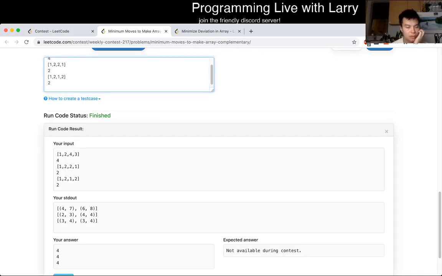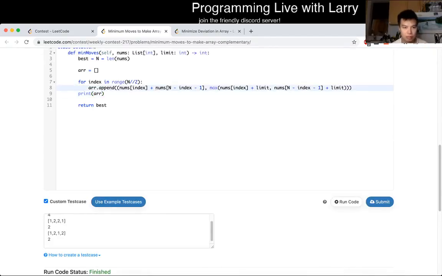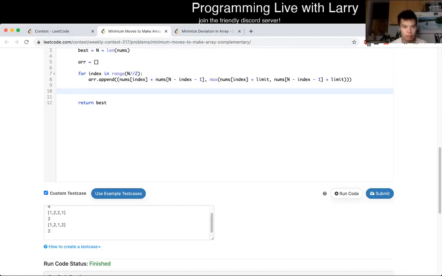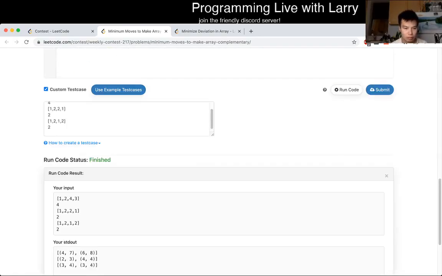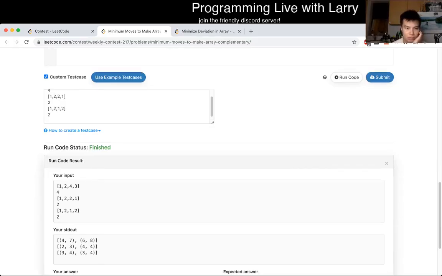Yes, this is the case. I get how I want to do it.